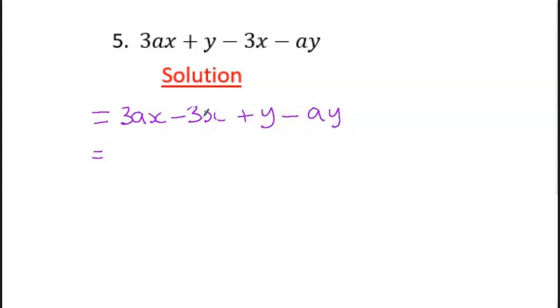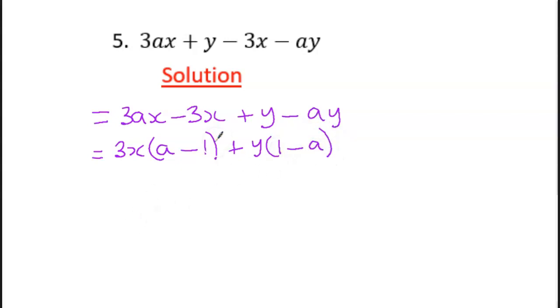Okay, now we have 3x, so 3 is common, x is also common, then to be left with a minus 1, a minus 1, plus y times the bracket 1 minus a.